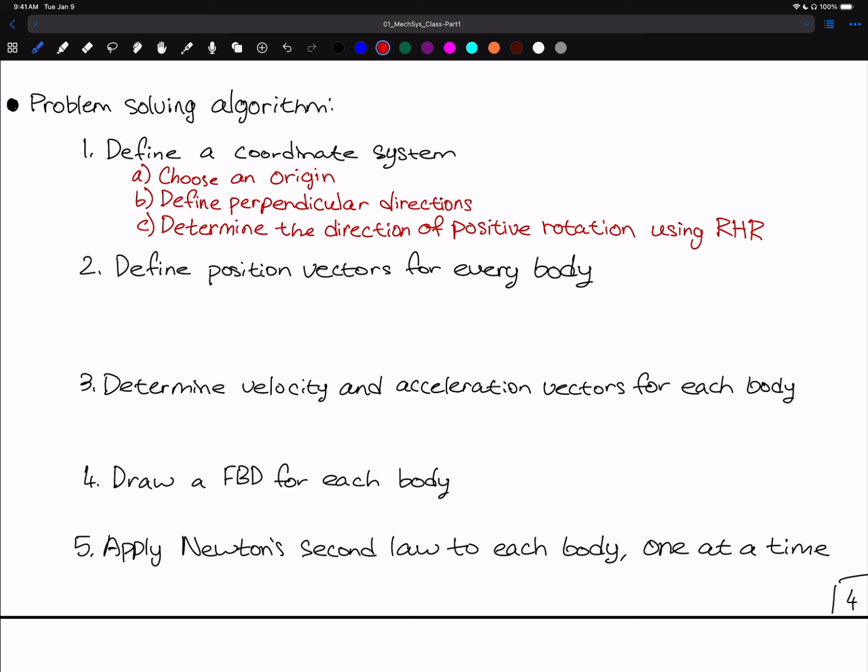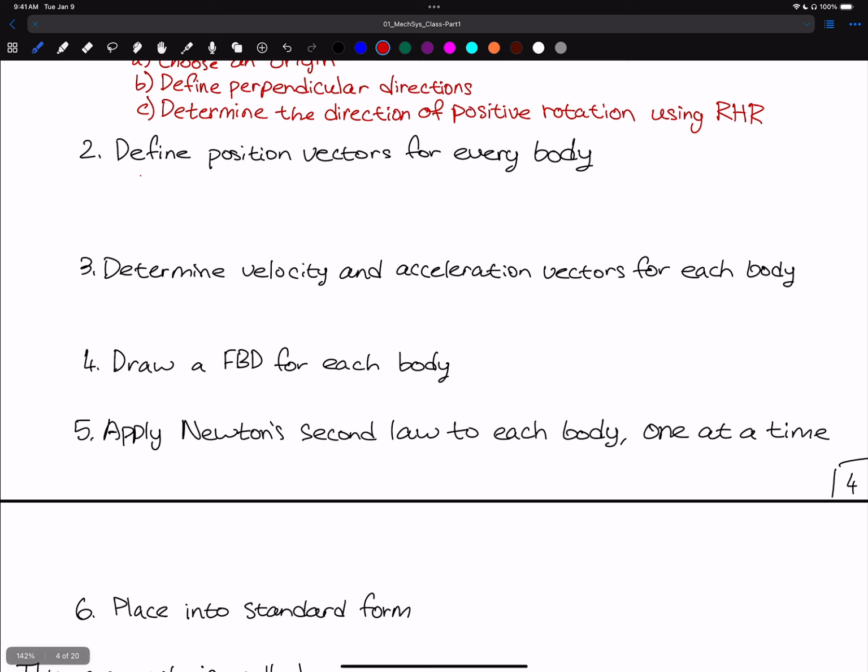The second step is we're going to define position vectors for every body in the problem from our origin. First part of this is to draw position vectors for each body from the origin.